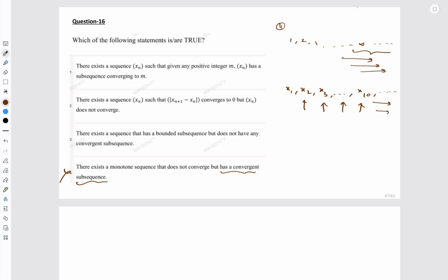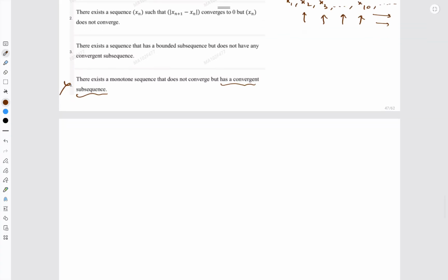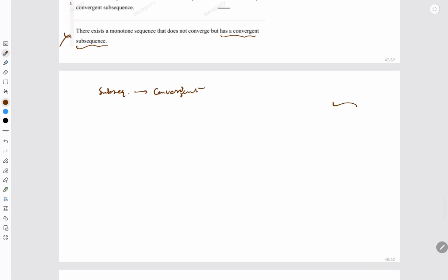Option 3: there exists a sequence that has a bounded subsequence but does not have any convergent subsequence.